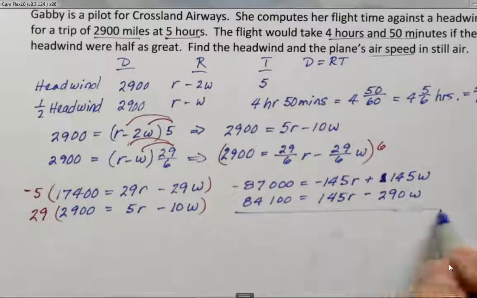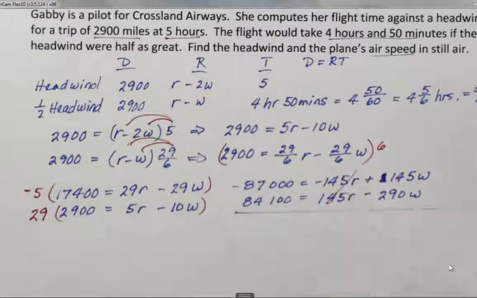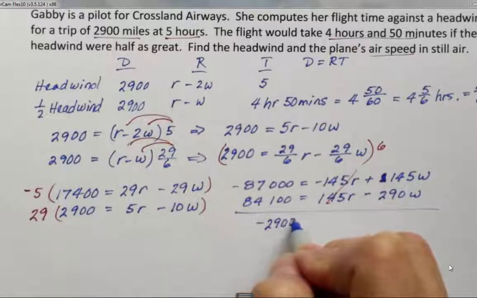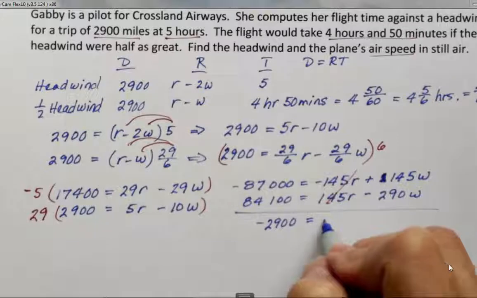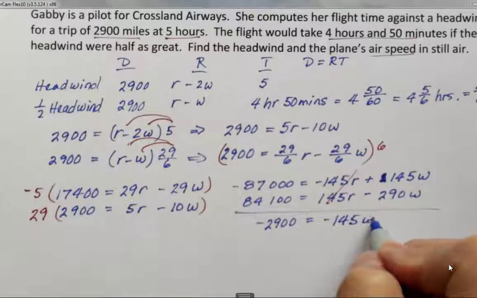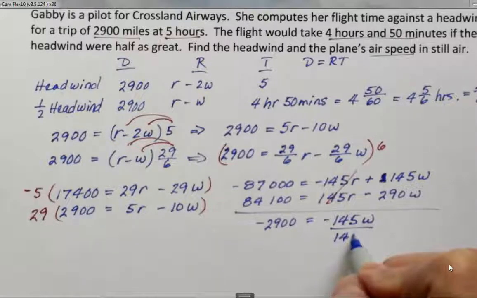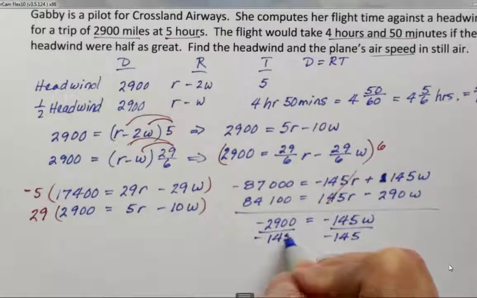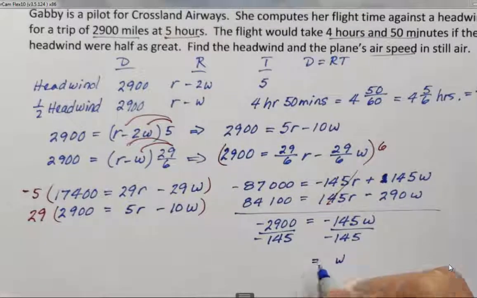So now when I add these two equations together, the r's should cancel out, and I'm left over with negative 2,900 equals, and then adding my w's, negative 145w. I'm going to divide both sides by negative 145. And I end up with w is equal to 20.